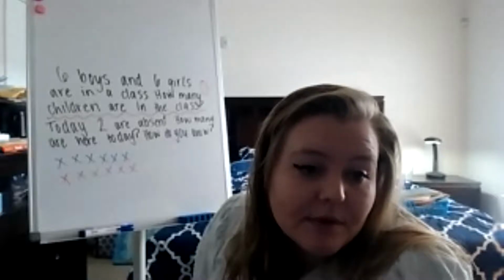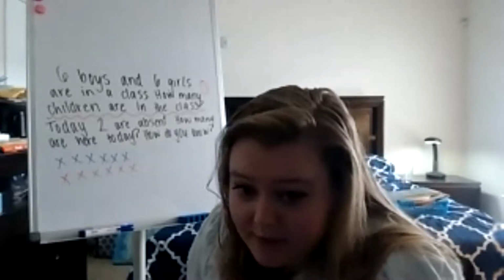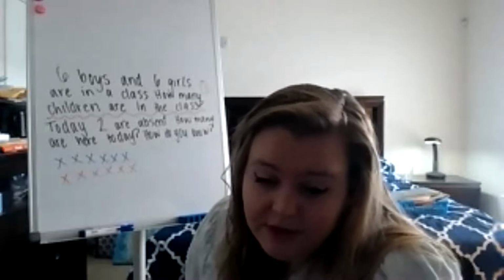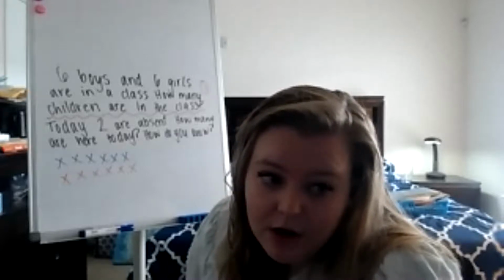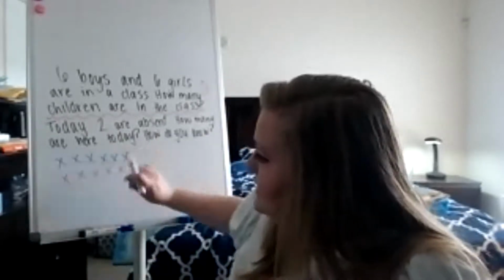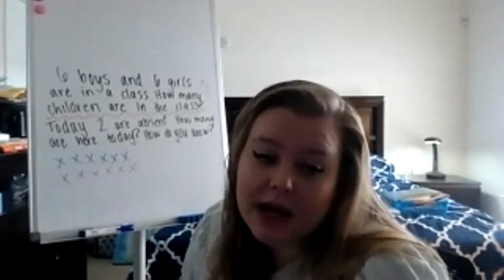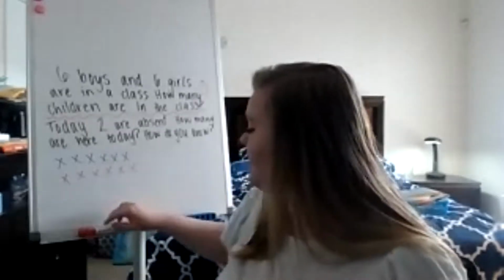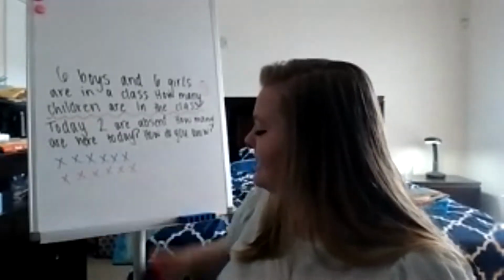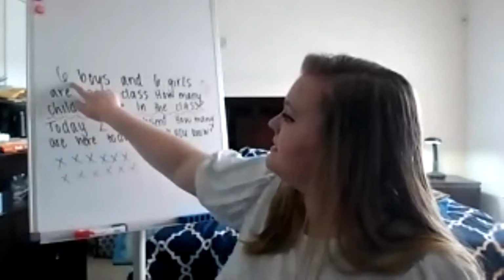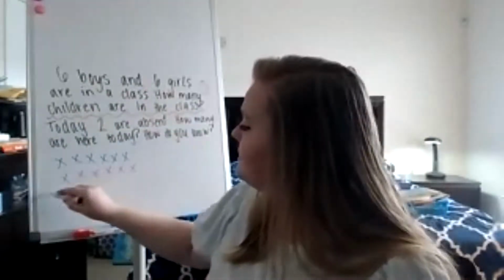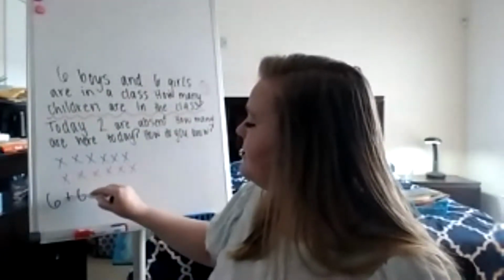You could do this a couple of different ways. You could make a 10 frame and try and fill that up and see how many there are. We could draw pictures like this, and to make it easier, we could count by twos, right? So that's what I'm going to do. And really what we're doing is we're just adding together the 6 boys and the 6 girls. So this would be 6 plus 6.